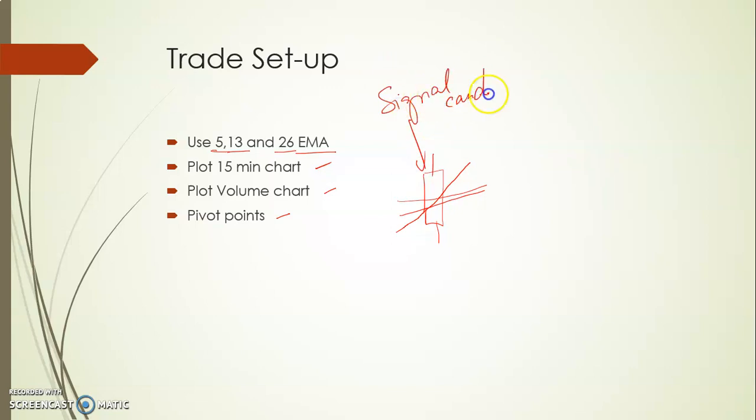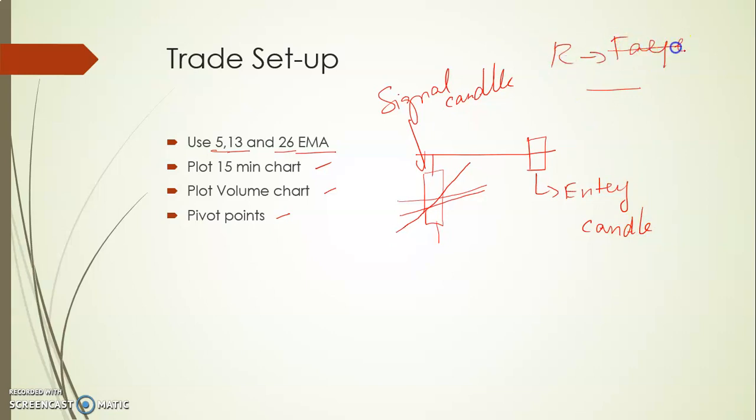Whenever the signal candle high breaks, it is called the entry candle. The nearest resistance is our target, and the entry candle's low is the stop loss. And this is the strategy.